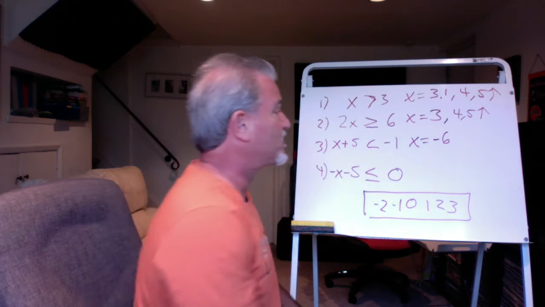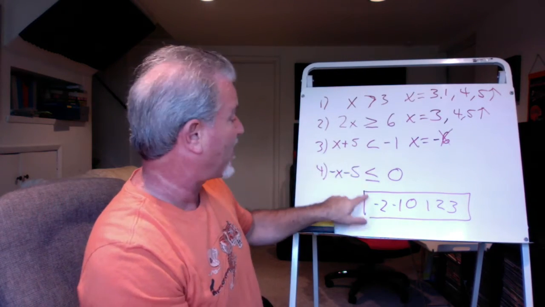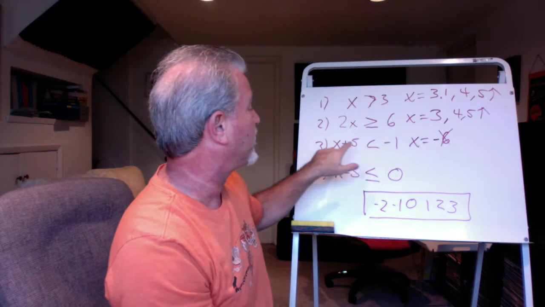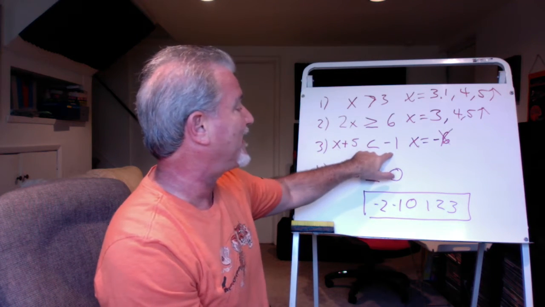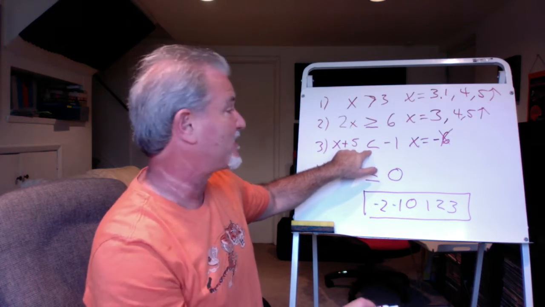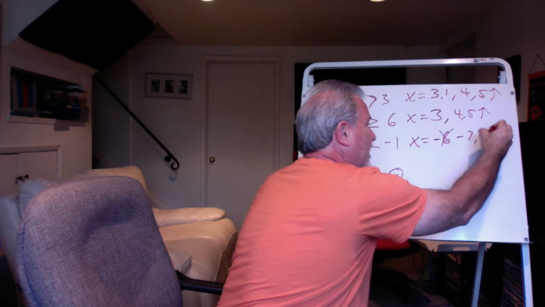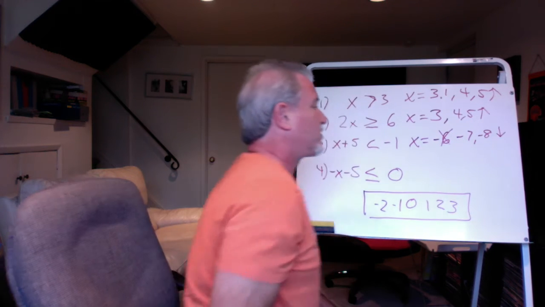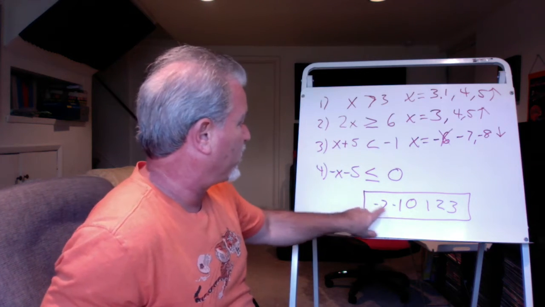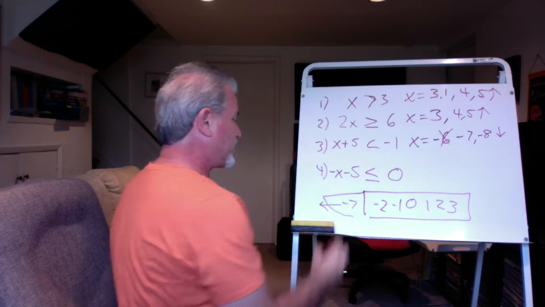But that number does not work either because this is a less than sign, not a less than or equal to. So -6 does not work because -6 plus 5 equals -1, and we're looking for just less than. So the numbers you would be looking for are -7, -8, and all the numbers lower than that. Okay, so on the number line, you'd be looking all the way over here at -7 and all the numbers past that.